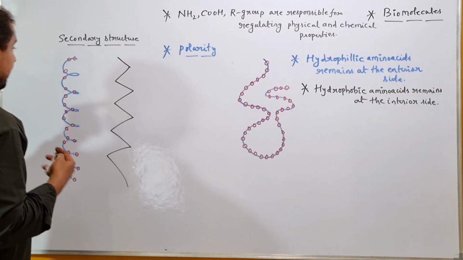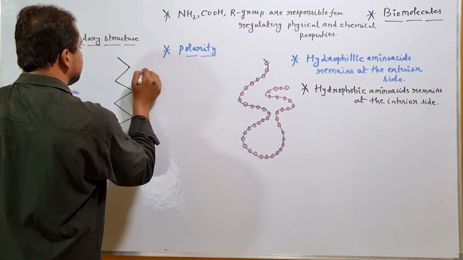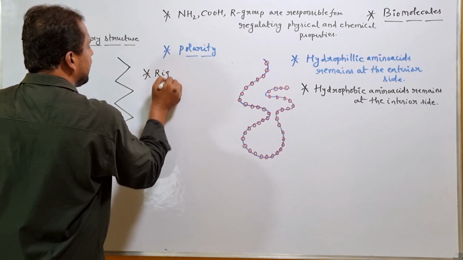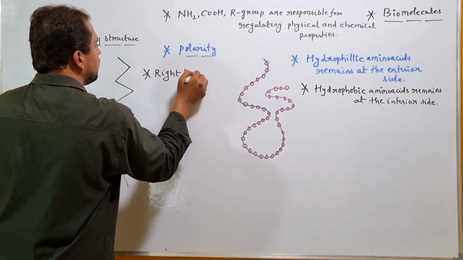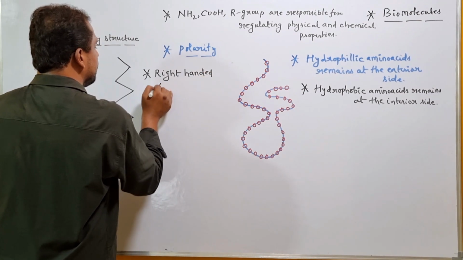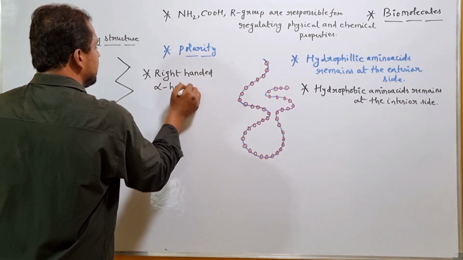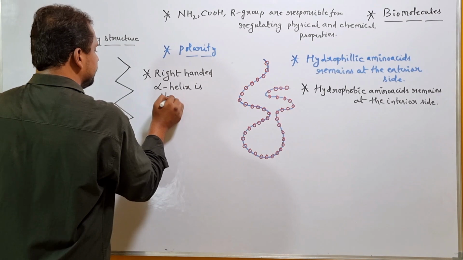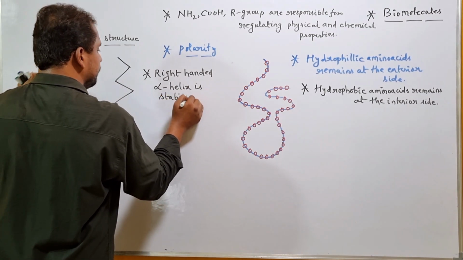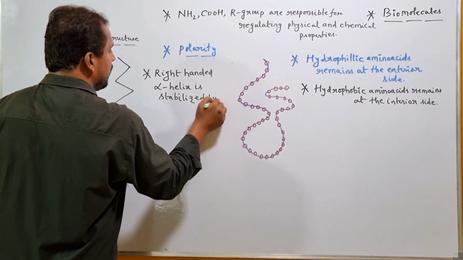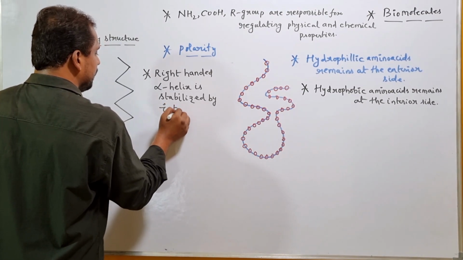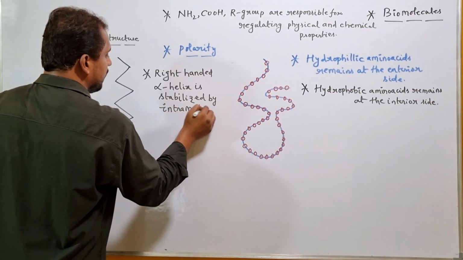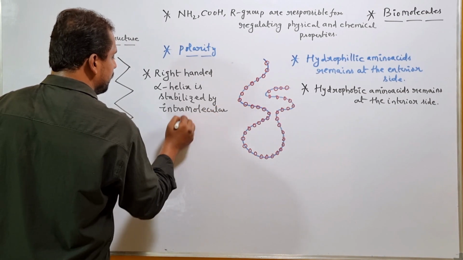Is it clear? The right-handed alpha helix is stabilized by intramolecular hydrogen bonds.